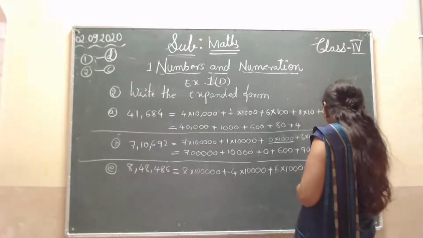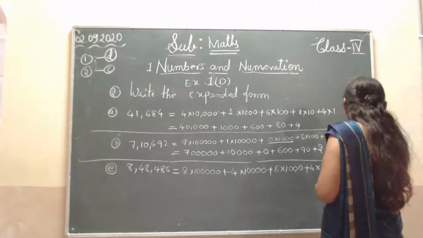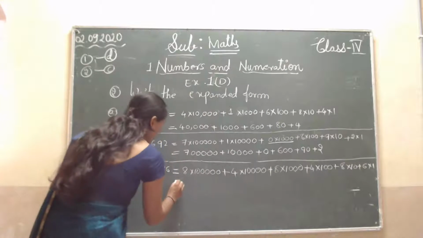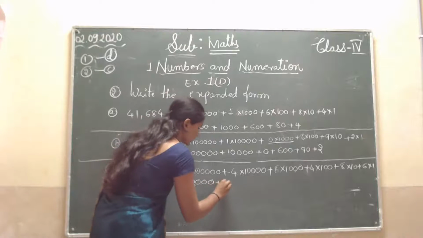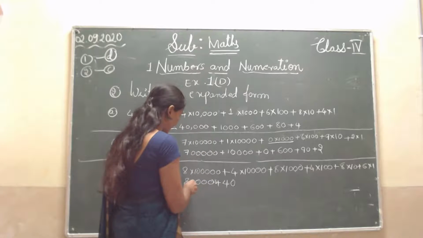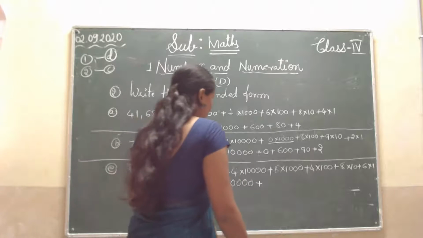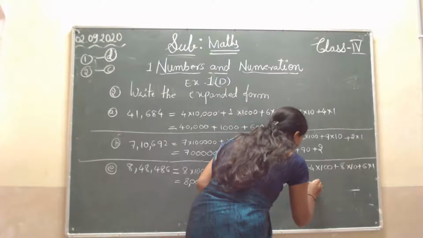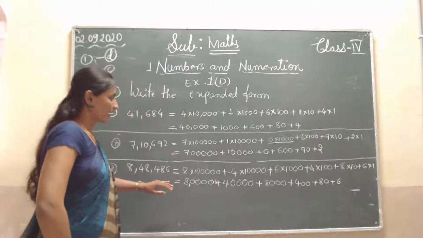So 4 is 100. The place value of the 8 is 10, so 6 is 1. So 8 lakh, 40,000, 8,000 plus 4 into 100, 400, plus 80 plus 6. So this is the expanded form.